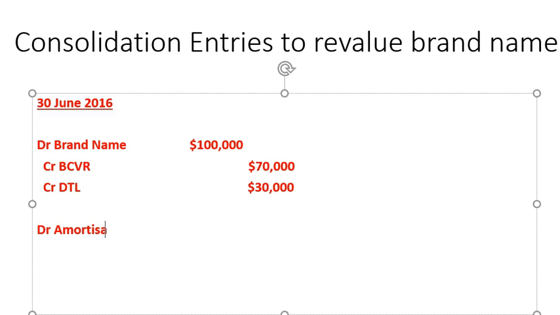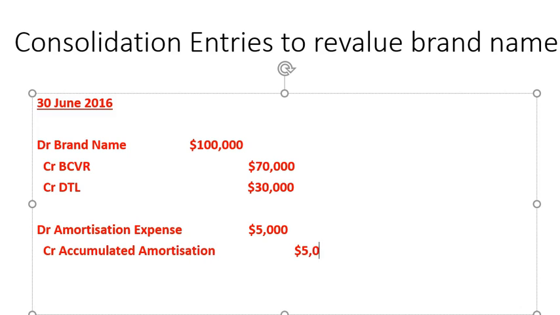So we will debit amortization expense by $5,000, and we will credit accumulated amortization by $5,000. Now we'll also need to record the tax effect of this amortization expense.